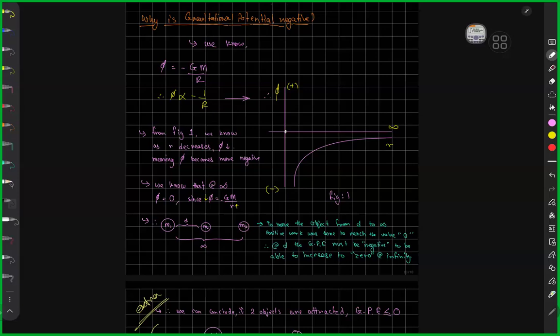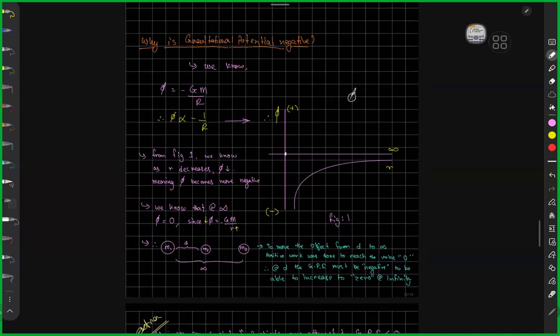Why do we have this asymptote, guys? Gravitational potential is given by minus GM by r. So if I just omit the constants, you have potential is proportional to minus 1 by r.